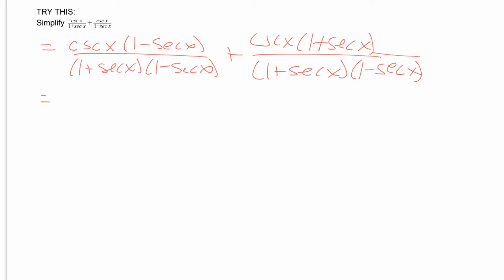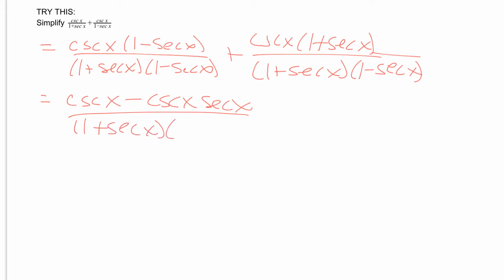Then if we go through on the top, we can multiply everything out. So I can distribute the cosecant, and I get cosecant of x minus cosecant x secant x. Again, I got that from multiplying cosecant x by 1, and then cosecant x times negative secant x, all over 1 plus secant x times 1 minus secant x.